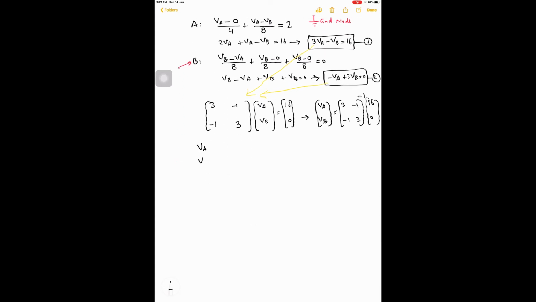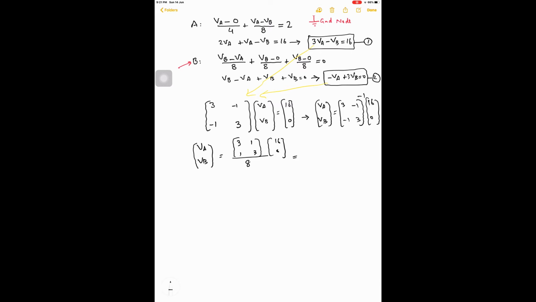To take the inverse, we first take the adjoint, 3 1 1 3, and divide by the determinant. So 3 multiplied by 3 is 9, minus 1 multiplied by minus 1, so 9 minus 1 is 8, and this is multiplied by 16 and 0.